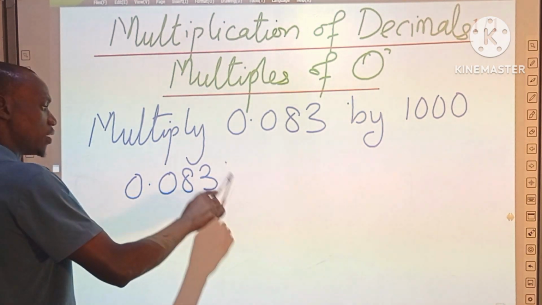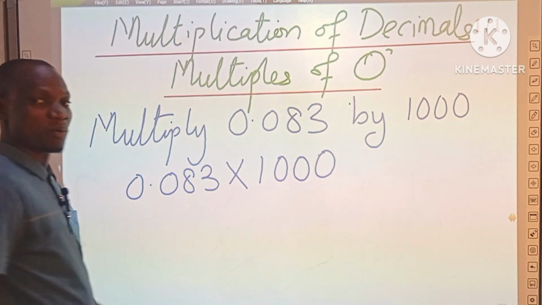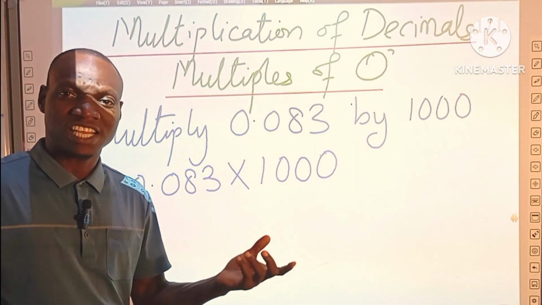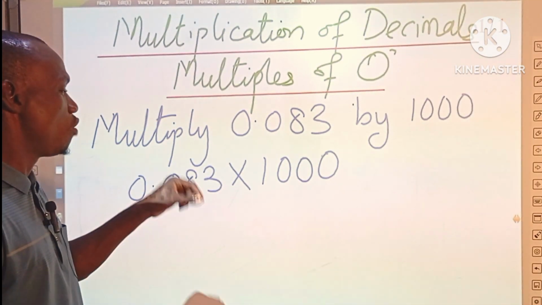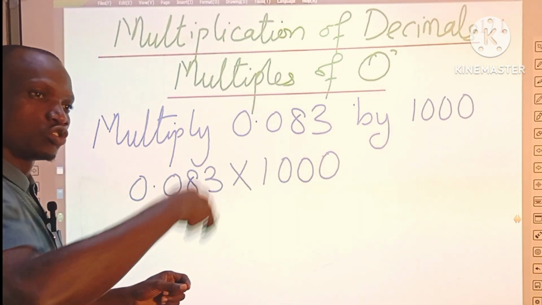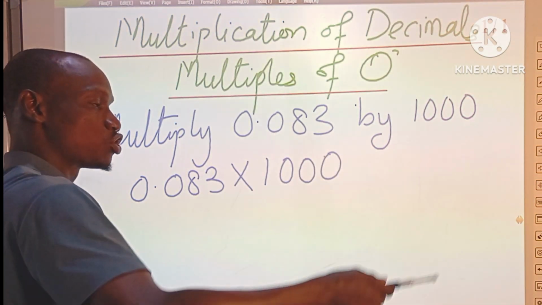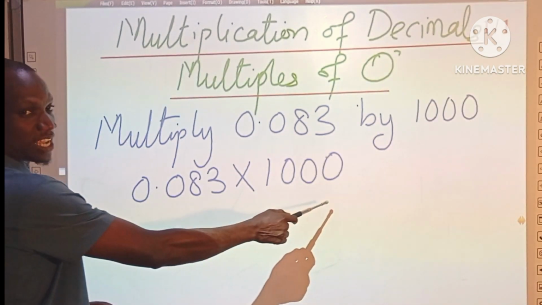0.083 times 1,000. Now remember, when multiplying decimal numbers by multiples of 10, you move the decimal point to the right hand side based on the number of zeros that the multiplier has. For instance, this is 1,000.